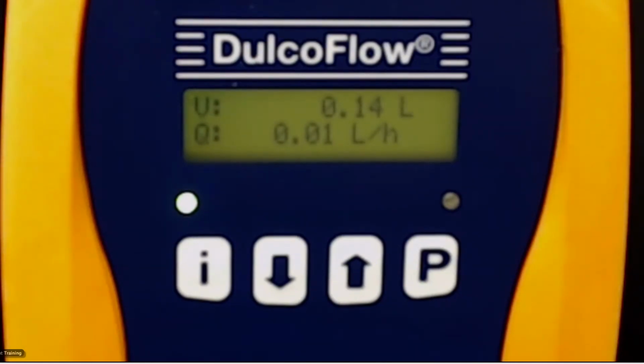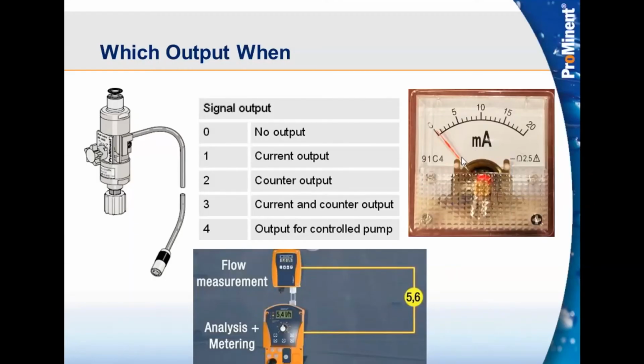Depending on what option we pick here would be whether that 4 to 20 is going back to the pump. Option 4 is feeding it back to the pump. That's feeding it back to a Delta pump specifically with the control module. If we get the current output, option 1 here, or option 3, current output plus the counter output, that 4 to 20 signal going out is just a 4 to 20 signal.